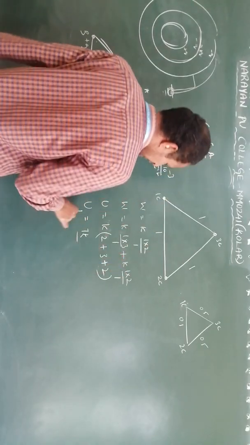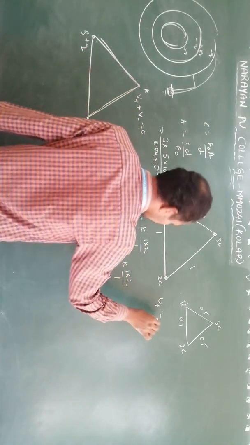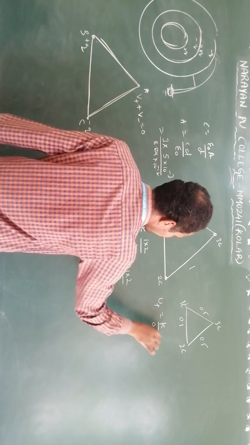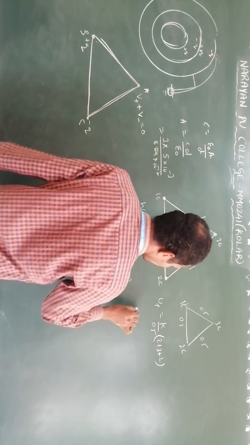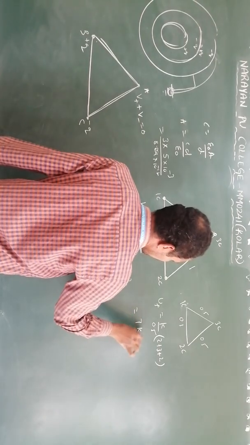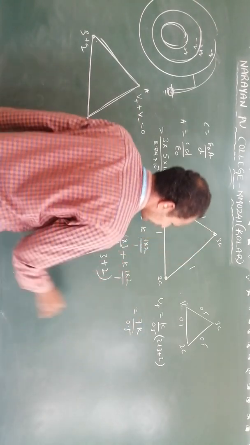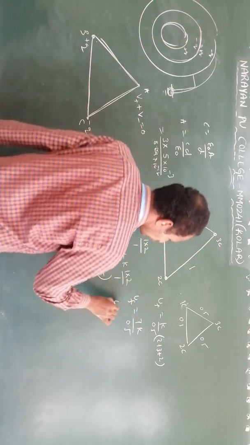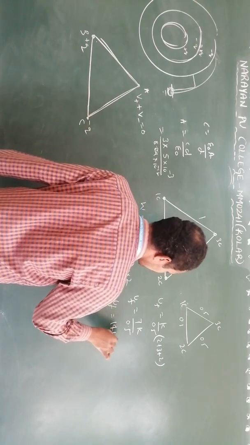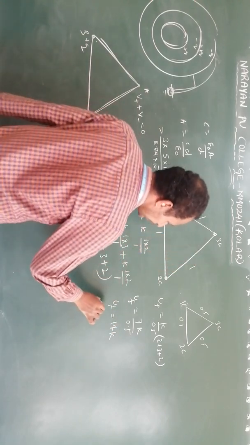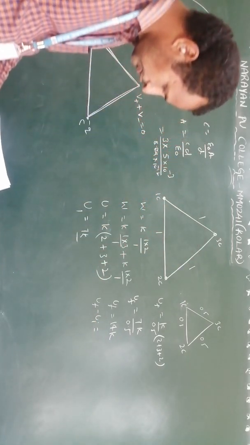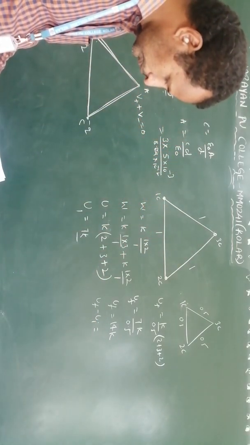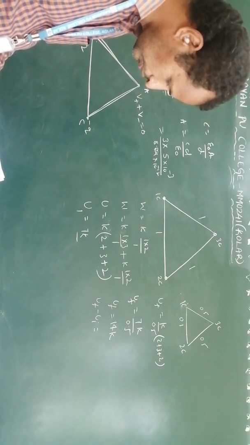This is initial, then this is final. How do you get it? K by 0.5. If you take it in common, 2 plus 3 plus 2. This is again 7K by 0.5. This is UF. So this UF you can write as 14K. So UF minus U initial, you will get the answer. Okay?